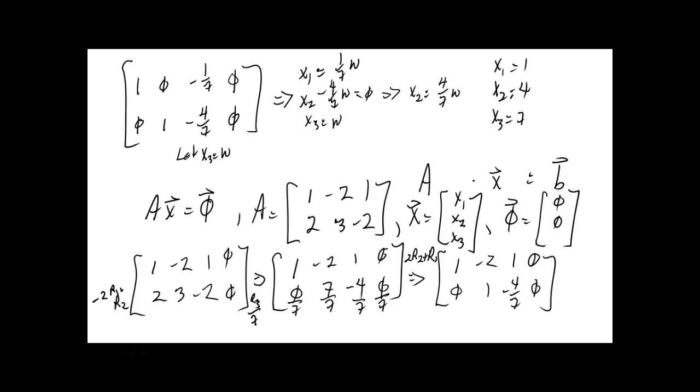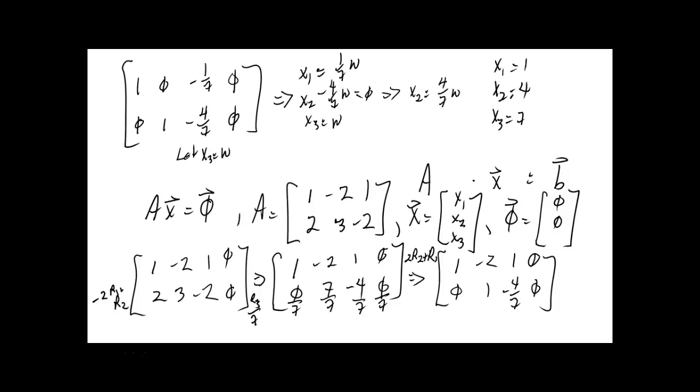That would be 1/7 minus 8/7 plus 1. That would be minus 1 plus 1, which is 0. And the next one would work too. That would be 2/7 plus 6/7 plus 12/7.